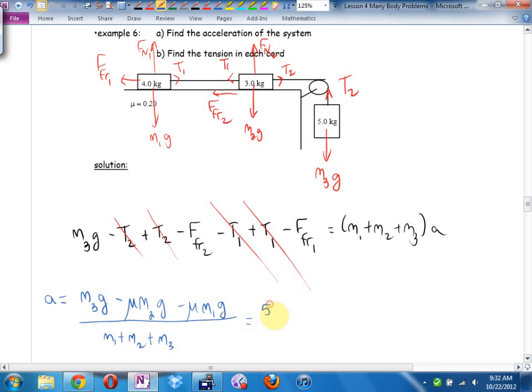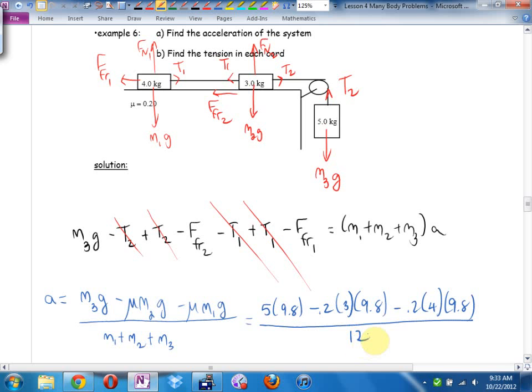5 times 9.8 minus 0.2 times 3 times 9.8 minus 0.2 times 4 times 9.8 all over 4 plus 3 plus 5. 4 plus 3 is 7 plus 5 is 12.